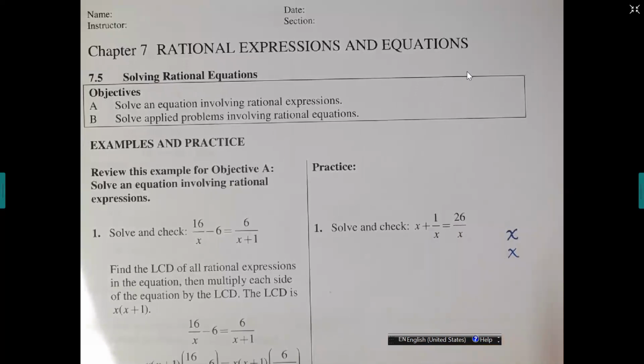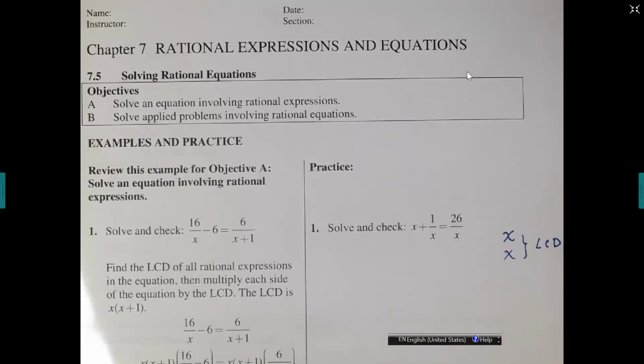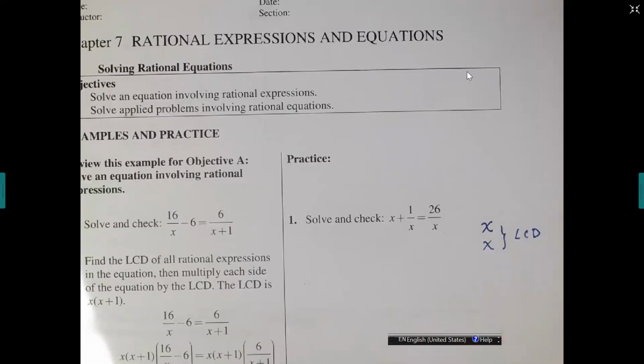So this is the recipe we are going to use. We have all the ingredients. Now we need a recipe. The recipe is: multiply every term within the equation by the LCD of all denominators. So remember the recipe. Try to get rid of all denominators. How can we make this happen?